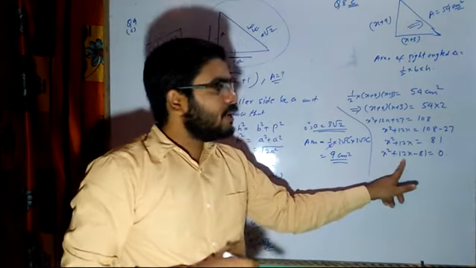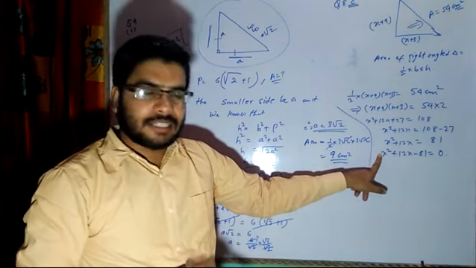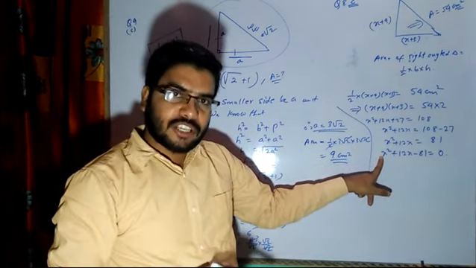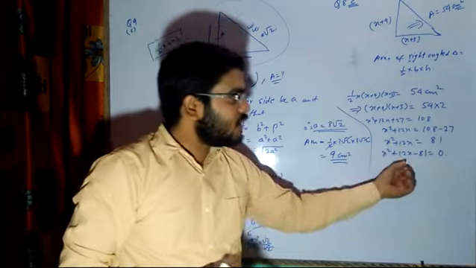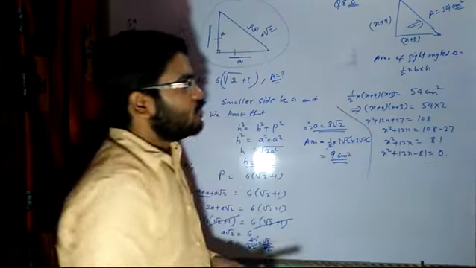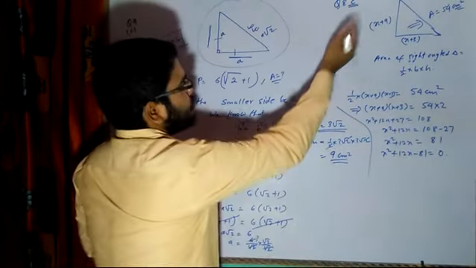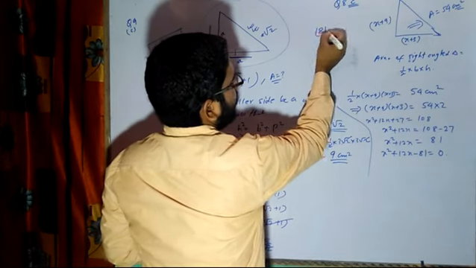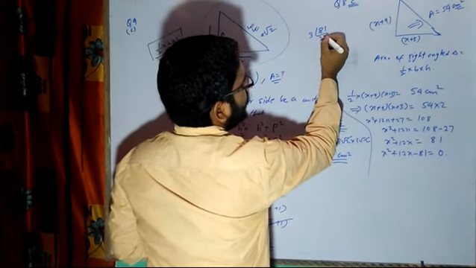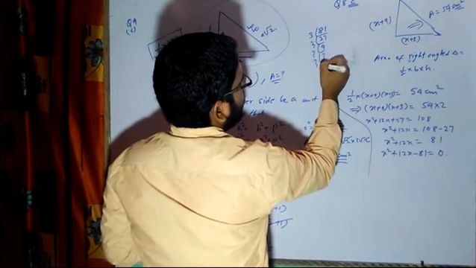Now we have to break the middle term in such a way that their product should be equal to the constant and the coefficient of x square, and their addition or subtraction should be equal to the middle term. Now 81 we have to break in such a way that I should get 12 as the sum. So 81 can be calculated as 3 into 27, 3 9s are 27, 3 3s are 9, 3 1s are 3.